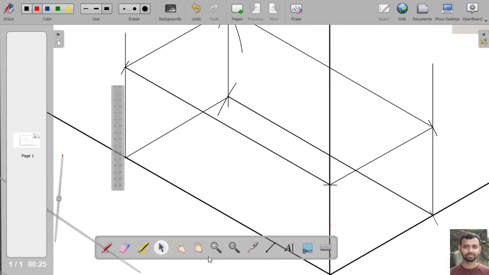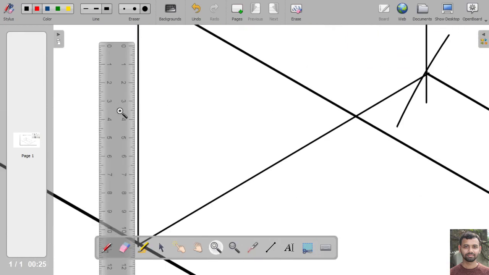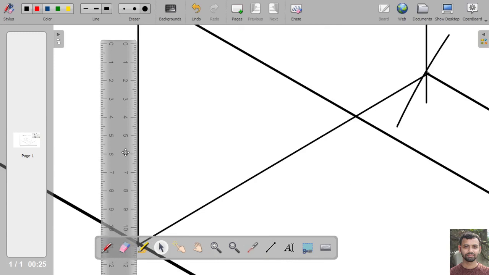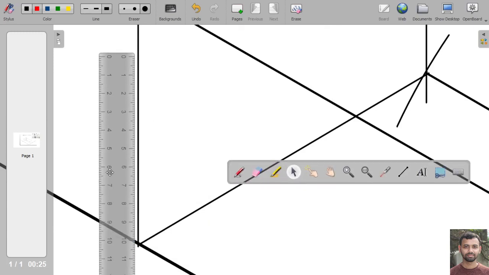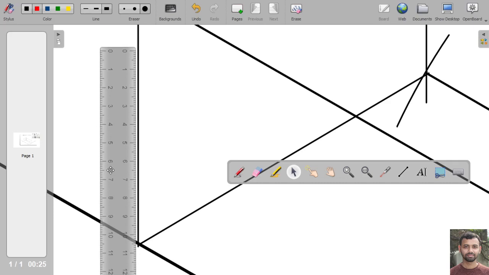Locate that height. From the base, it is at a height of 105 mm. So it is over here, 105 mm.